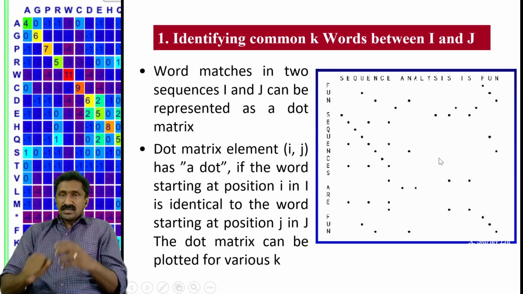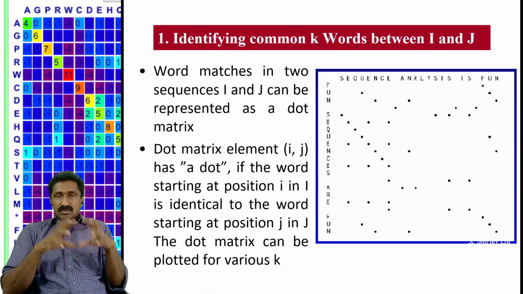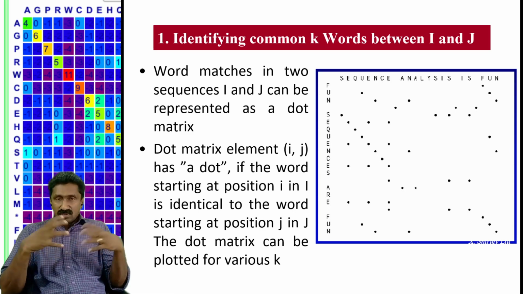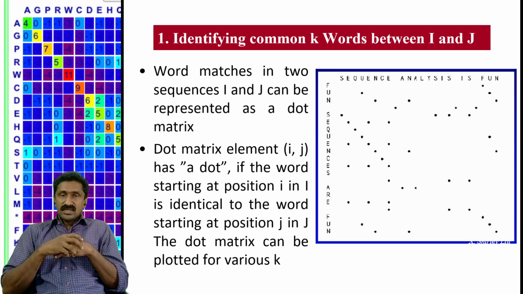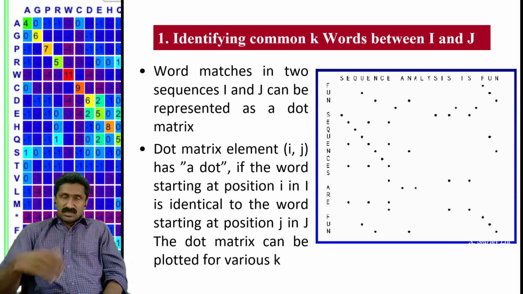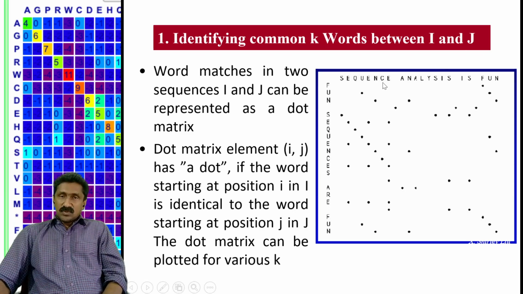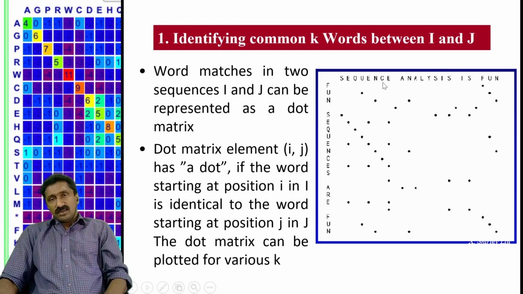So initially your sequences are broken down into words. All the possible keywords are generated, and each keyword is matched against the corresponding word in the other sequence, and if there is a match, you can construct a diagonal.